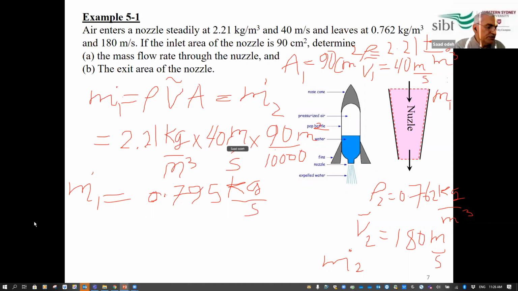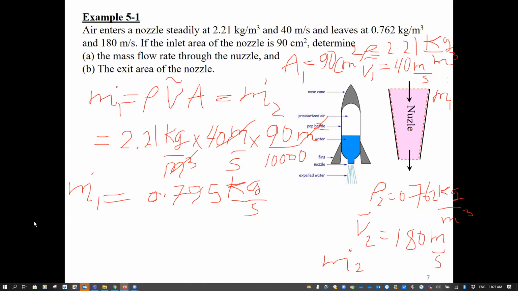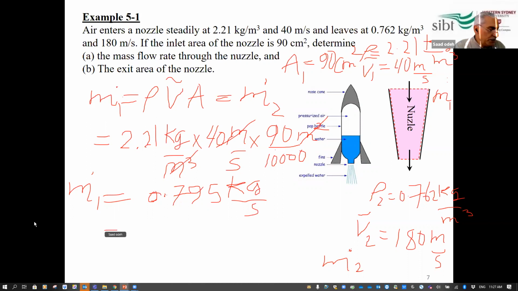Because we're going to delete all these meters from all sides, we have only kilogram per second remaining. Correct? Yep. And this mass flow rate must equal mass flow rate 2, because we said it's always constant based on conservation of mass.